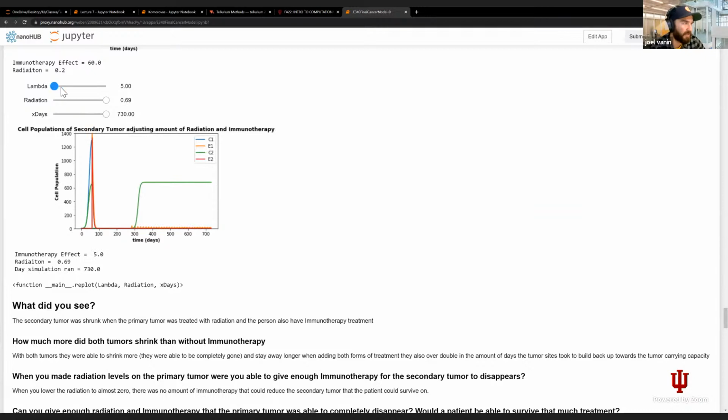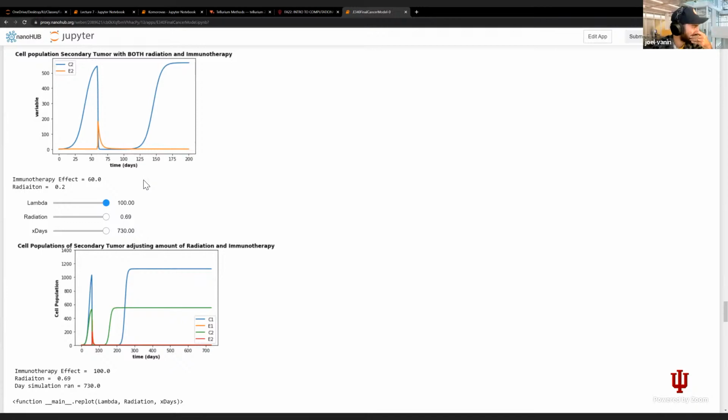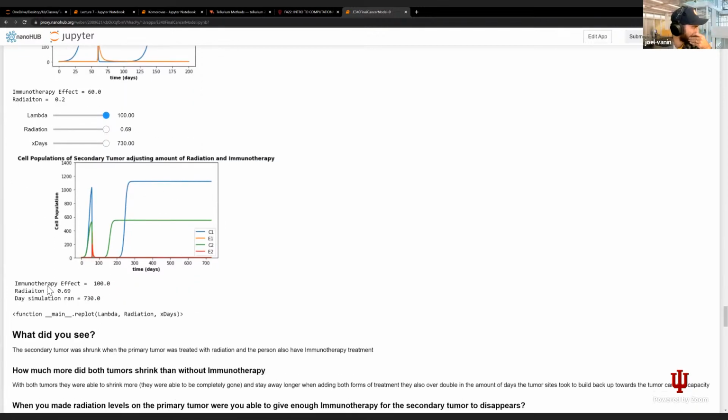So I don't know if this is what is expected. If you do the maximum radiation, for example, and then, if I'm not wrong, lambda is, I forgot what lambda was in this part. Yeah, the efficiency of the immunotherapy too.